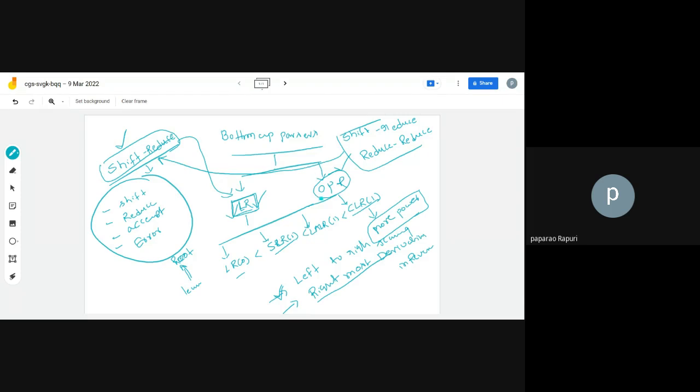At that time, the algorithm, not ourselves, is unable to choose the shift operation or the reduce operation. That is the difficulty, the ambiguity. In this case, it is unable to decide which reduction has to be performed. To overcome this problem, we move to other parsers in bottom-up, the LR parsers.